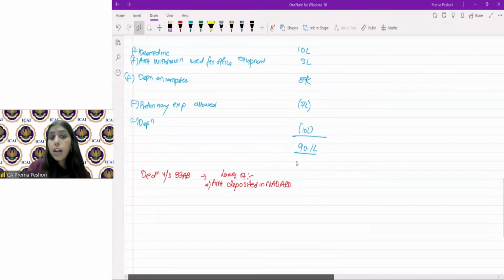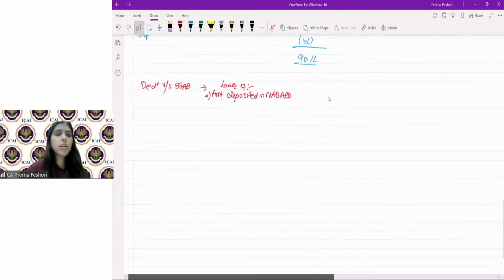The deduction will be allowed before setting off the brought forward losses. Are we clear? So this will be the lower of the amount deposited or 40% of the PGBP before the brought forward losses. 40% of the PGBP and not the total income.